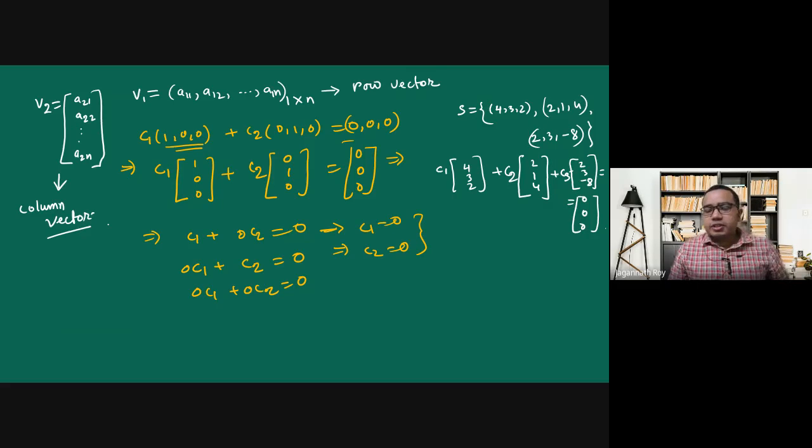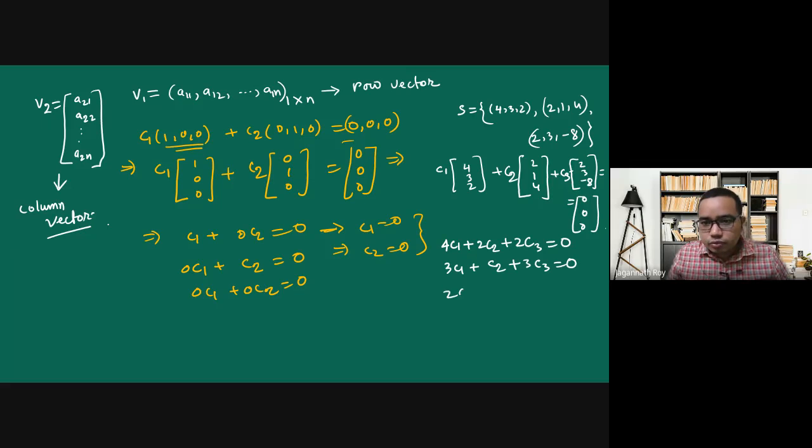From here what we'll get is 4c1 plus 2c2 plus 2c3 equals 0, and then 3c1 plus c2 plus 3c3 equals 0. Again 2c1 plus 4c2 minus 8c3 equals 0.